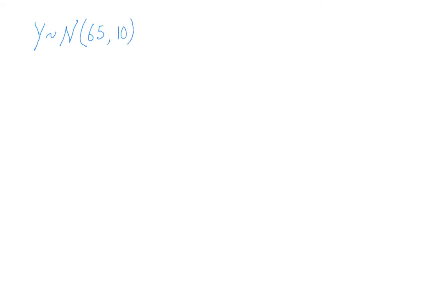First one, I ask you to find the probability that Y is greater than 65. So what is your answer? This is the mean, right? This is also the median, am I right? So the answer is 0.5.